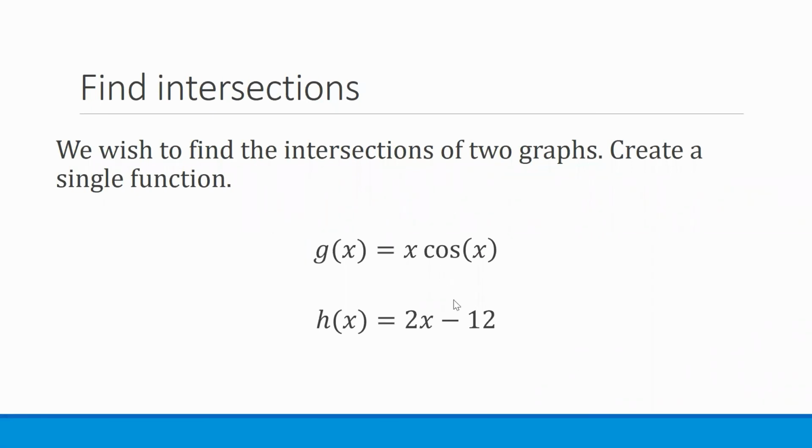So in finding an intersection of 2 graphs, we know that the intersection happens at value x. If you want to figure out what the point is, what the ordered pair is, I plug 7.4534 into G, or into H of x, and we should get a value that's very similar, like 2.906 when I plug that number into G. If I plug it into H, 2.906.